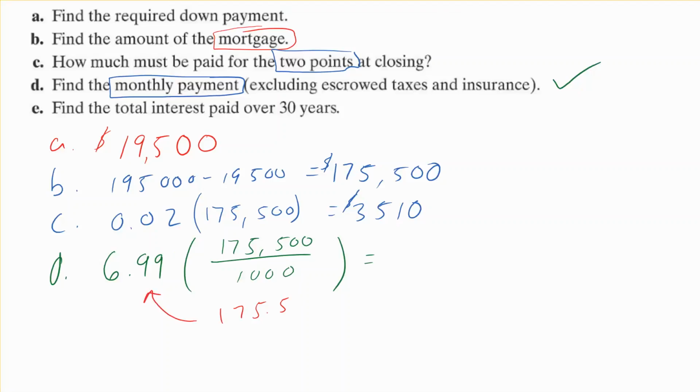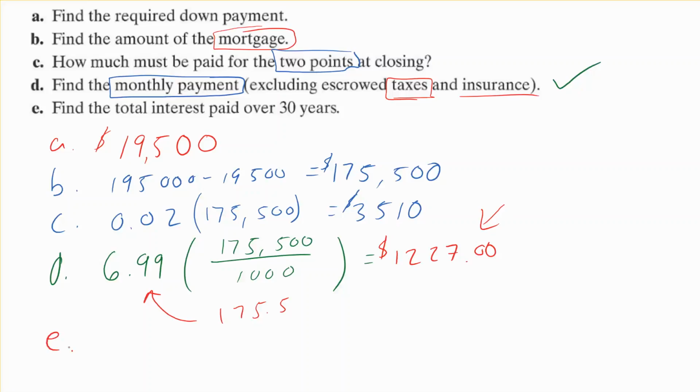So I believe our monthly bill is going to be $1,227 per month. And again, when we actually buy a house, we're going to have things included like taxes and insurance, and that'll all go right into that number. So that number is always a bit higher.